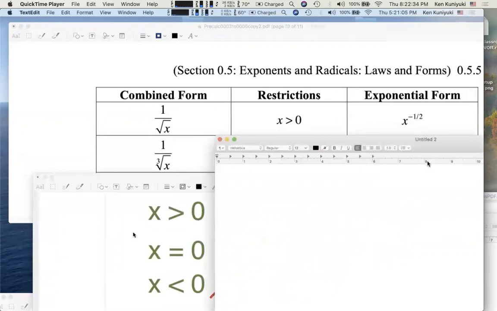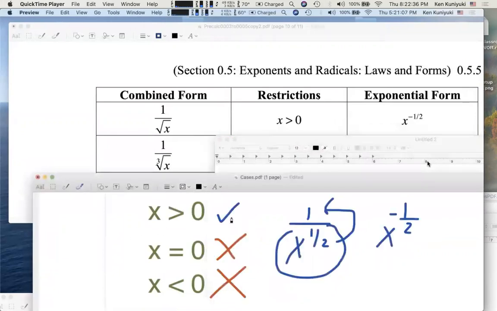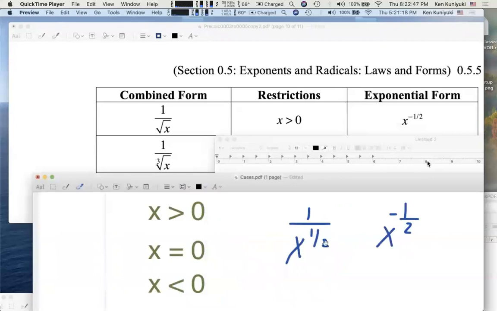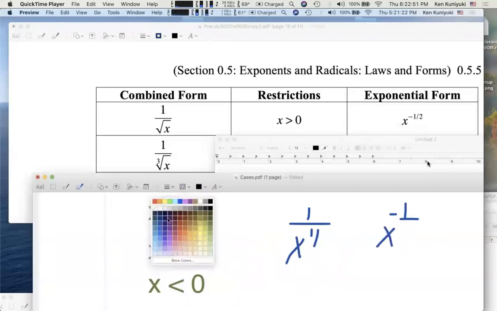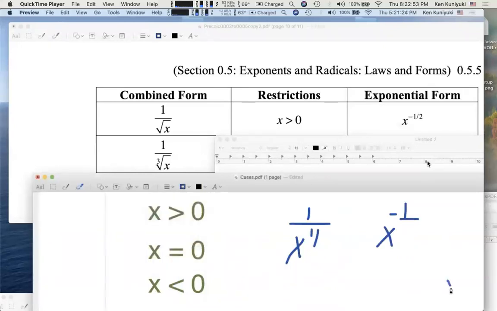All right. Now, what about 1 over the cube root of x? How's that going to be similar and different? That's going to be x to the what? And what restrictions are there? All right. So we're going to have here 1 over, well, the cube root of x is x to the 1/3.